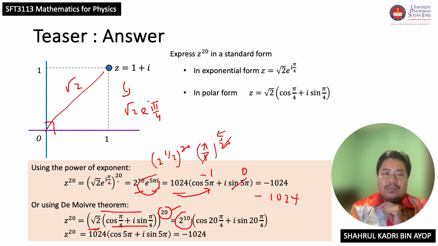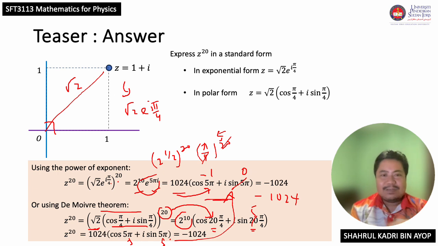Now we can put it into this; this is the use of De Moivre's theorem. Twenty over 4 gives 5, right? So we get these things, and you see it becomes the same thing here. It is consistent, so finally we get the same answer. So this is not minus 1; the answer is 1024.